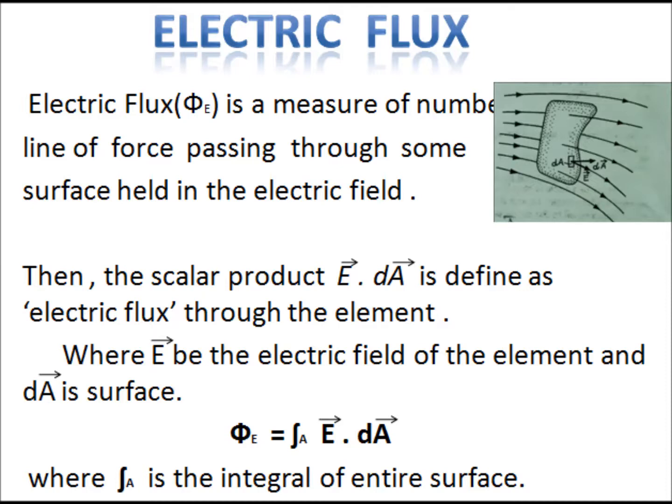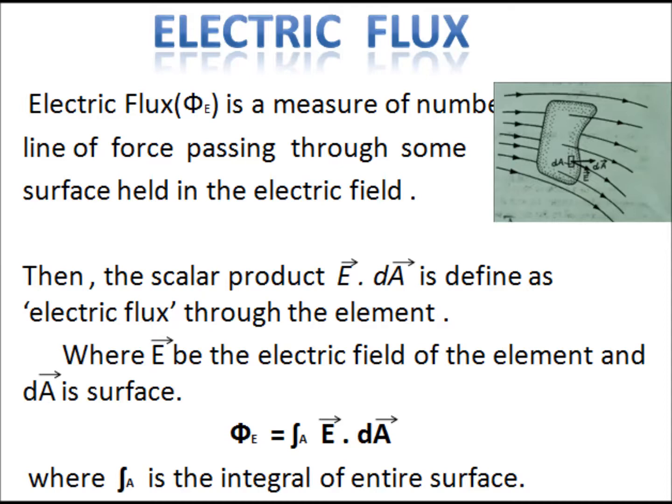It means that when a solid surface is placed in the path of an electric field, the measurement of the number of lines of force passing through it is called electric flux.